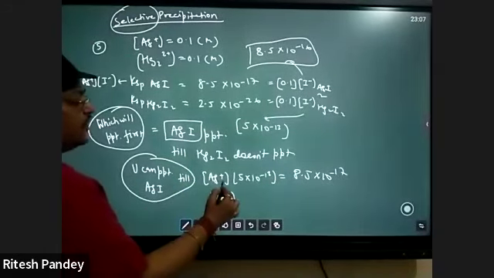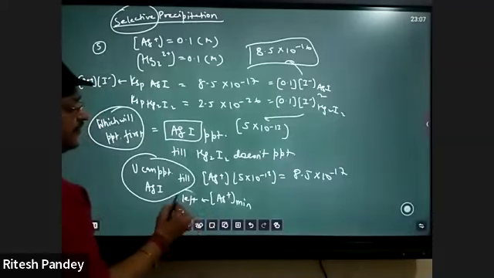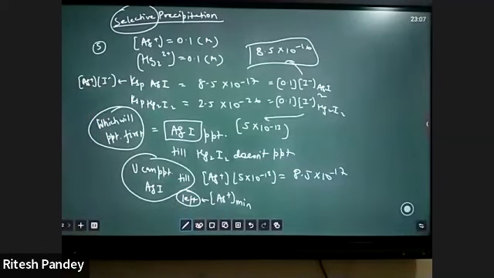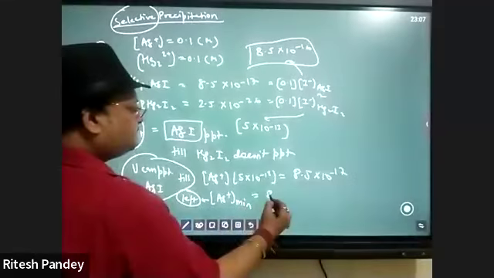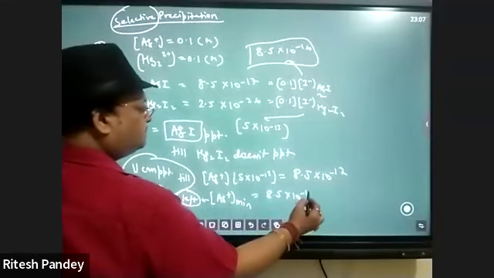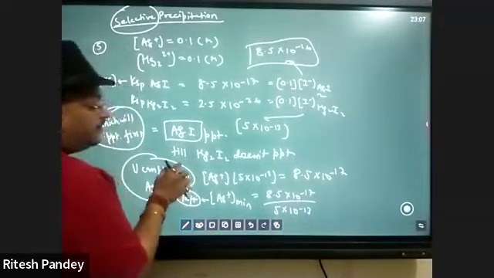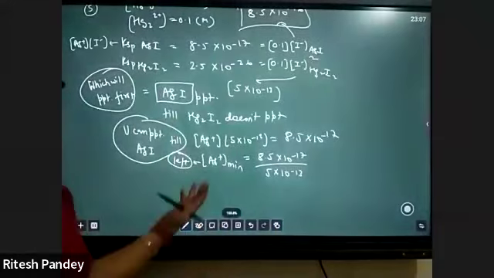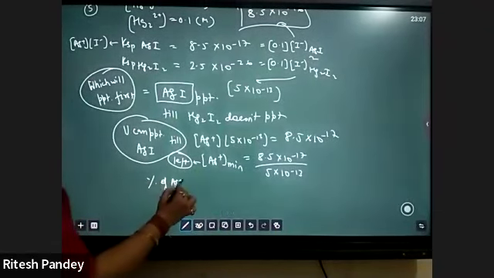So Ag plus minimum, Ag plus left, Ag plus not saturated in a mixture of these two would be like... and what is the percentage, 1.7 into 10 to the power minus 4?